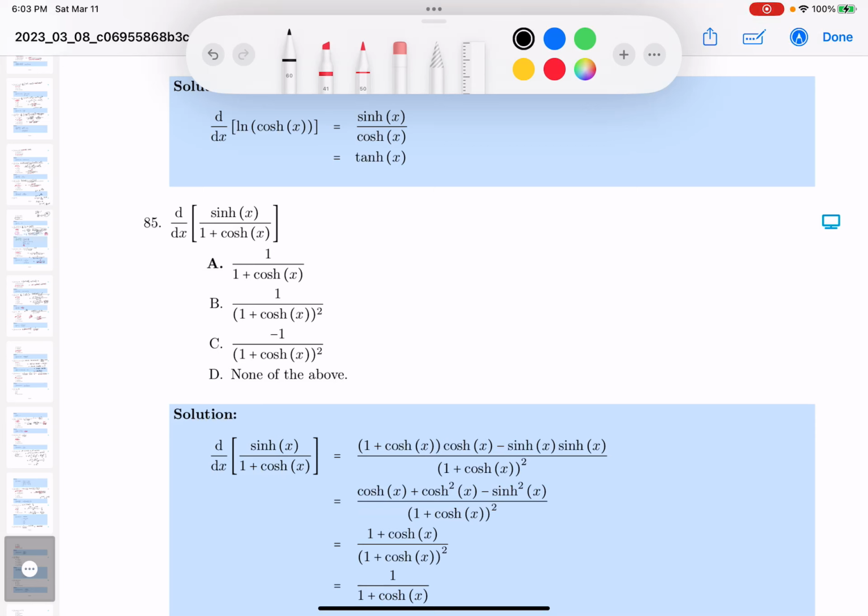Again, if you're preparing for an exam that has hyperbolic functions on it, it's really good to know the derivatives and the definitions, at least, of the hyperbolic sine and the hyperbolic cosine. So what do I get over here? Let's write this down.